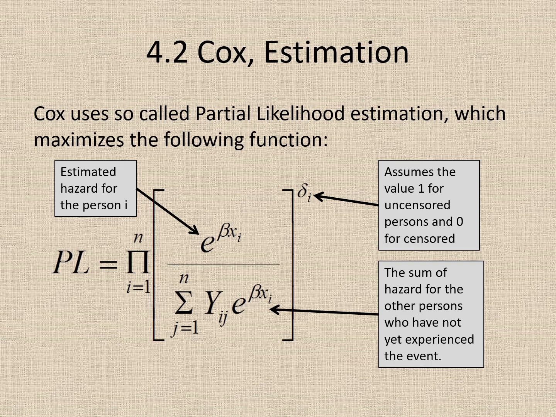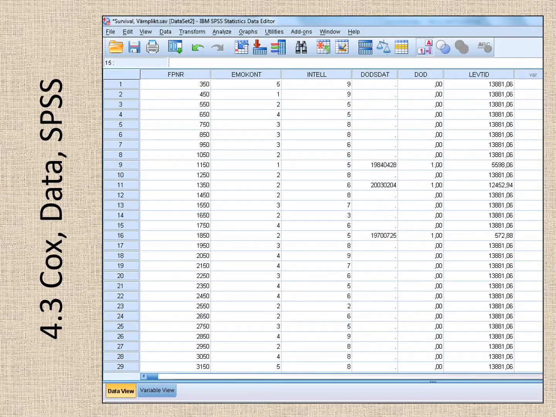So 9s are the really smart ones with high intelligence. And then we have if they have died, and the latest I had a look at this was if they had died by 2008, if I remember right. So if they have died or not, and if they have died, at what date.